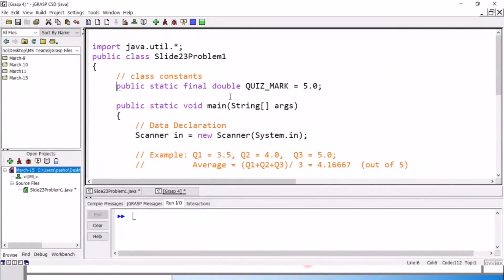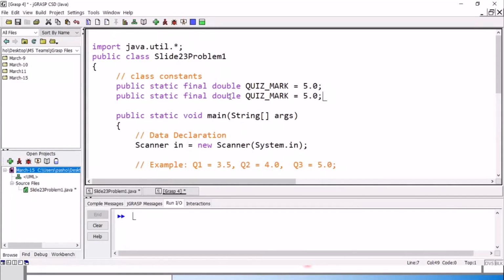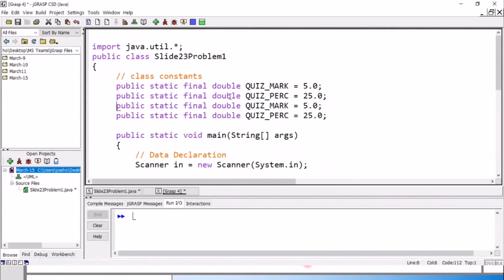I will copy this line, Control C, and paste it, Control V, and I will change this one into PERC for percentage, and it is 25. And we will repeat this for the other assessment. So again, I will copy both lines, Control C, and paste Control V, and I'm going to change this one.